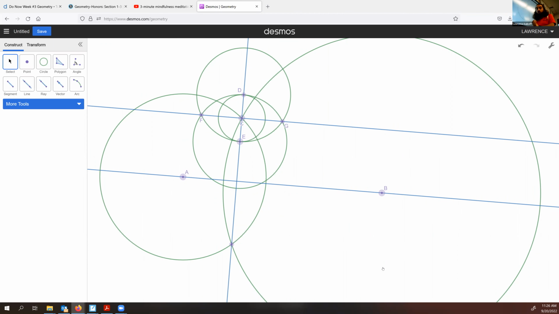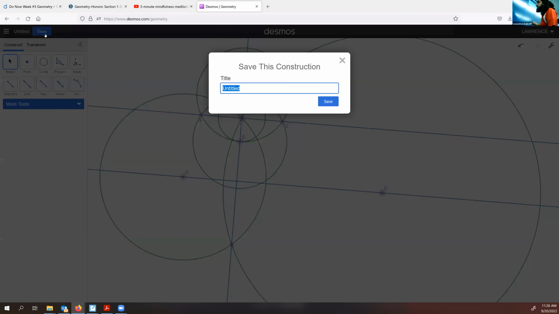So those are constructions. I just realized I'm making a video. You can rewind to watch this if you need to see that again. I don't think there's as much need to go over it twice like I did in class. So this was our parallel line construction. So let me get that named.